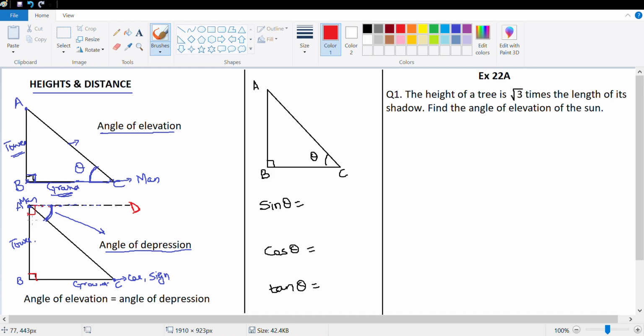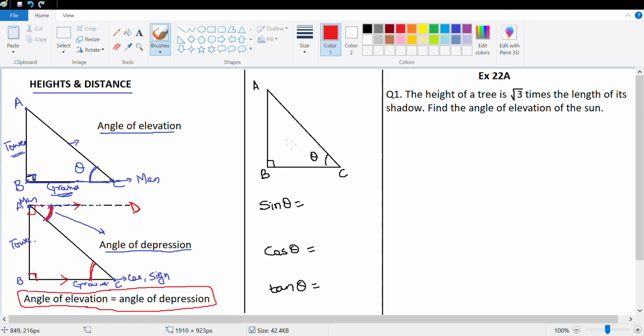So these two are co-interior angles, the sum of which is 180, which means AD is parallel to BC, which means angle DAC, which I'm marking in red now, is equal to the angle ACB, which I am marking in red again, because these are alternate angles, which means angle of elevation will always be equal to the angle of depression. Perfect. Now let's revise the three trigonometrical ratios and then we'll solve some questions.